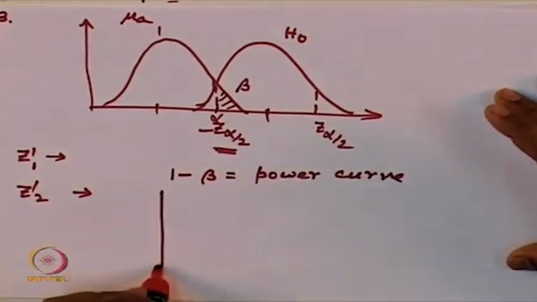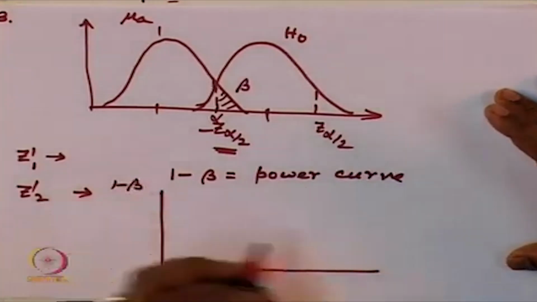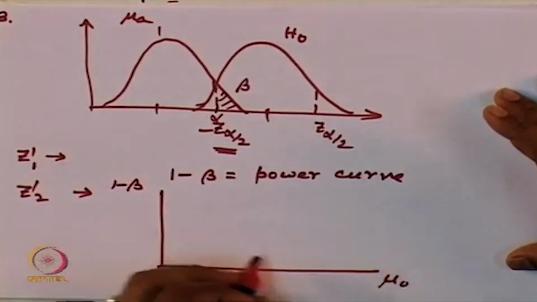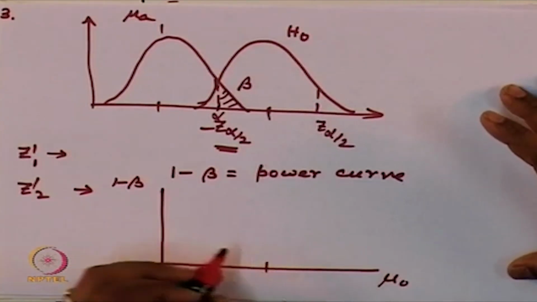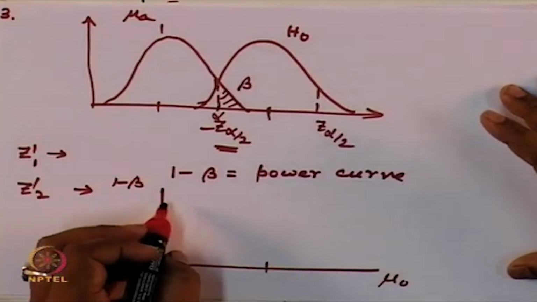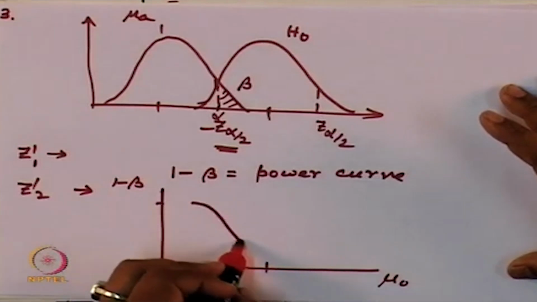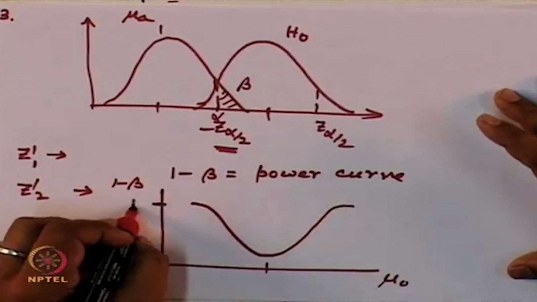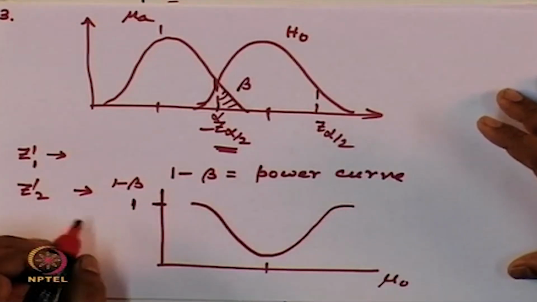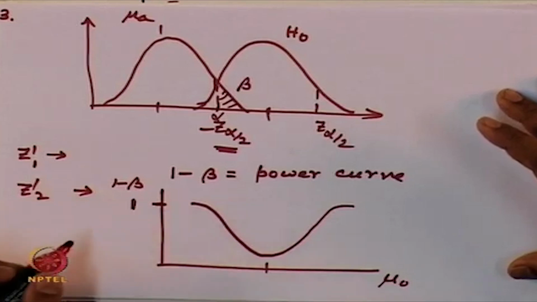You can plot 1 minus beta as a function of, let us say, mu, and let us say this was your value of mu naught corresponding to H naught being true. If you plot your 1 minus beta curve, it will look something like this, where far from it you will get a value which is close to 1. Why?